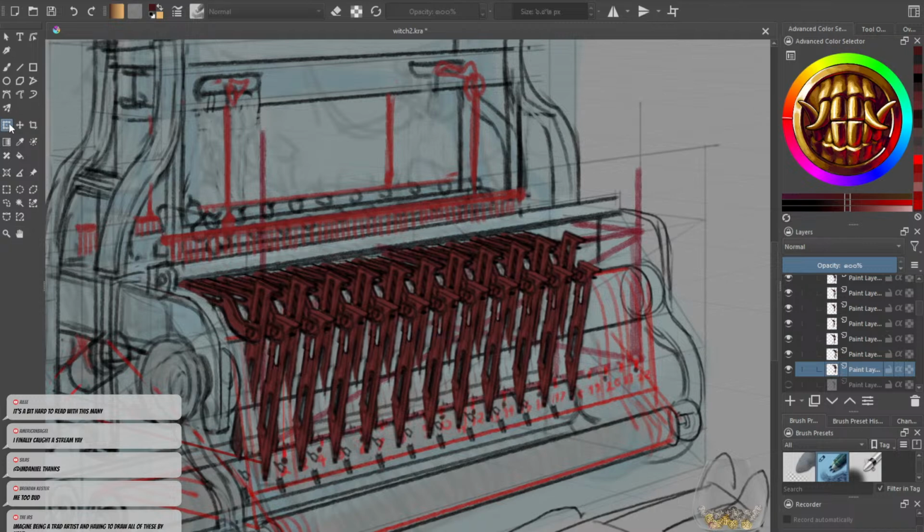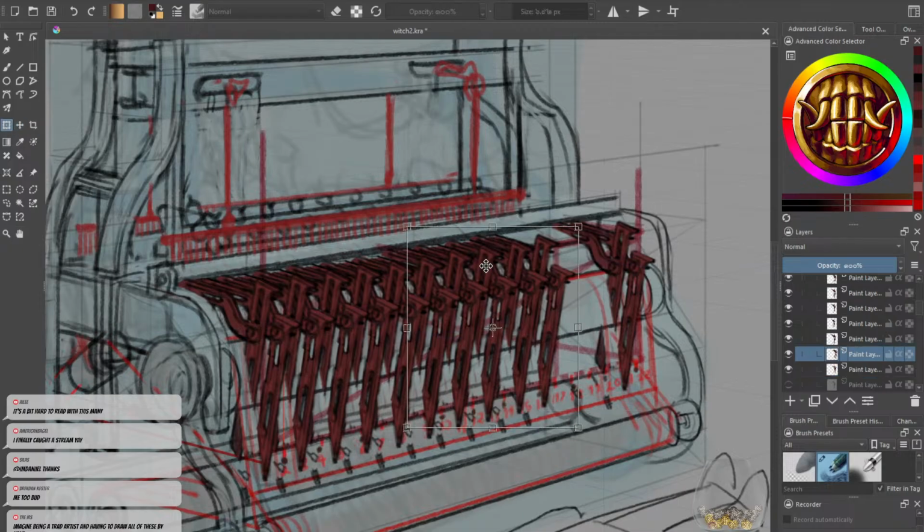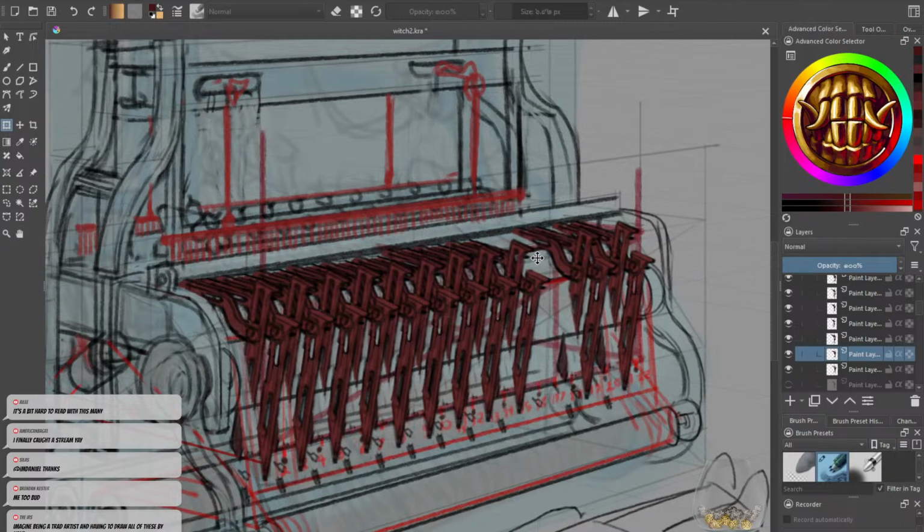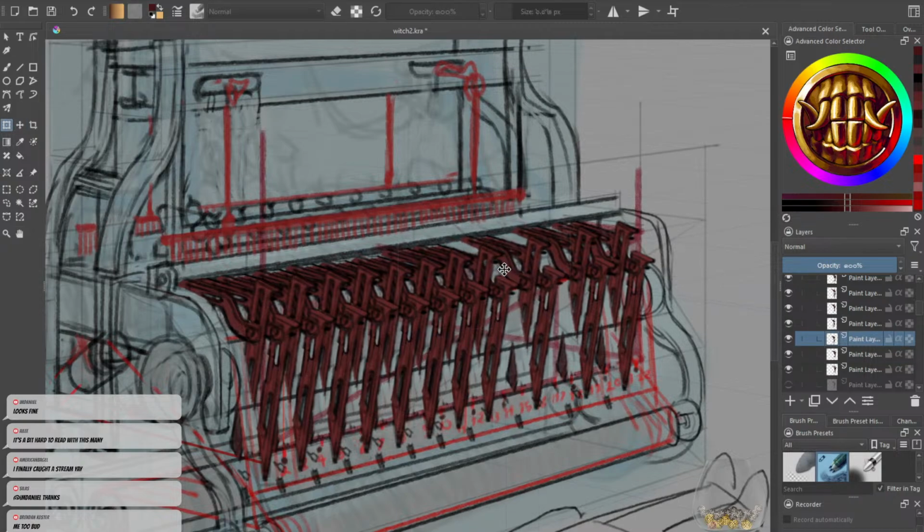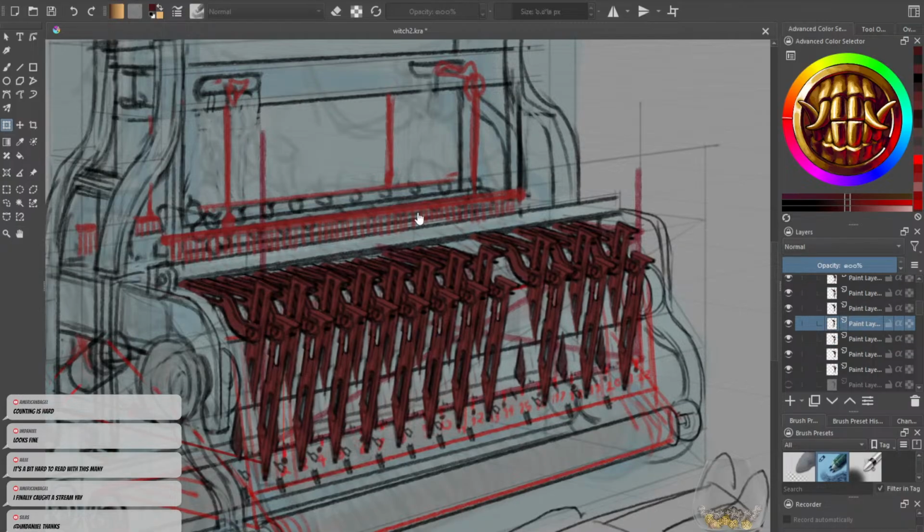So let's just do that, I guess. Let's just shimmy that along. Whoops. Counting is hard.